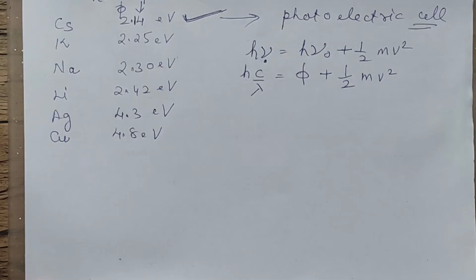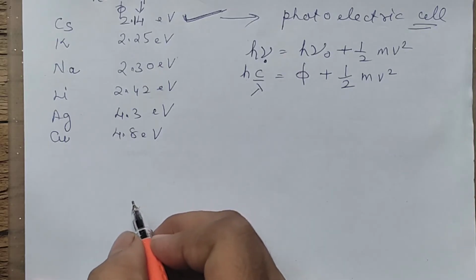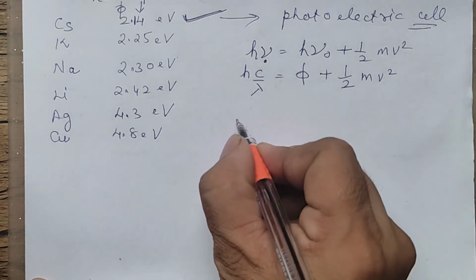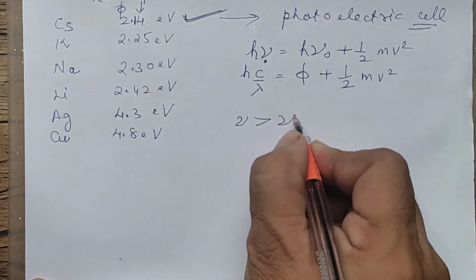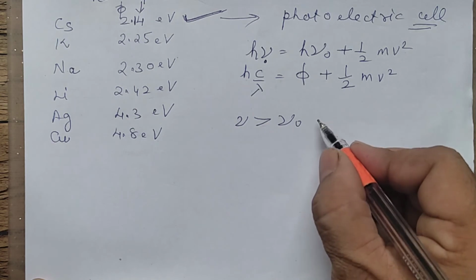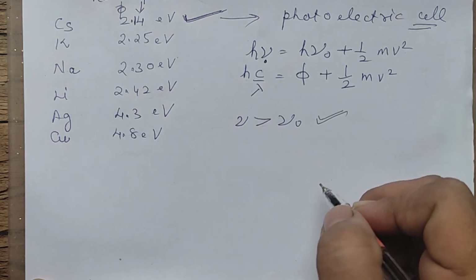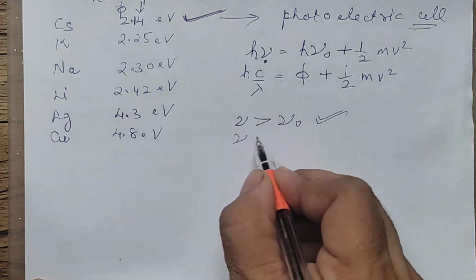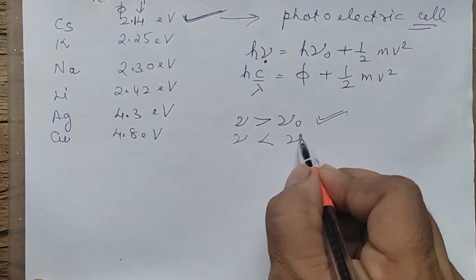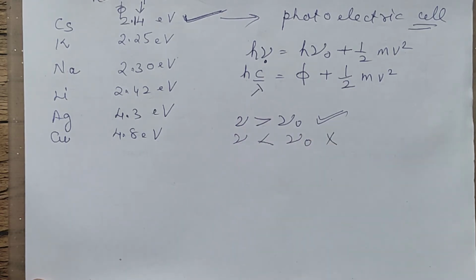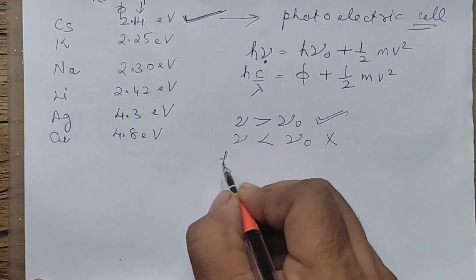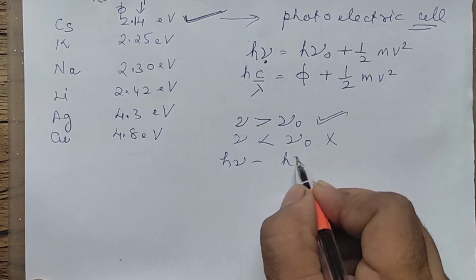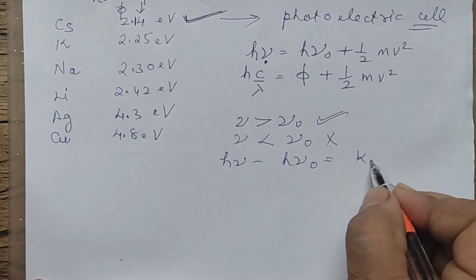Got it? So you can draw two important conclusions. The first is that nu should be greater than nu naught, then the photoelectric effect will be visible. If nu is lesser than nu naught, the photoelectric effect will not be visible. Even if it is equal, there will be no kinetic energy, no velocity given to the electron. In other words, h nu minus h nu naught is equal to kinetic energy.